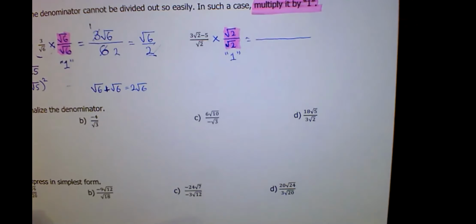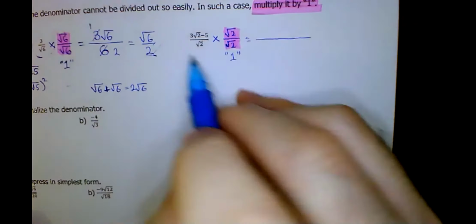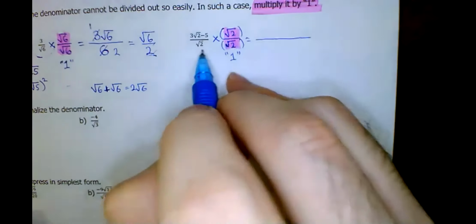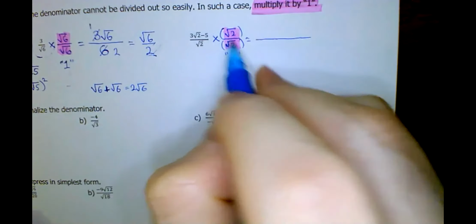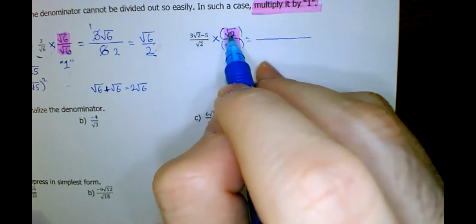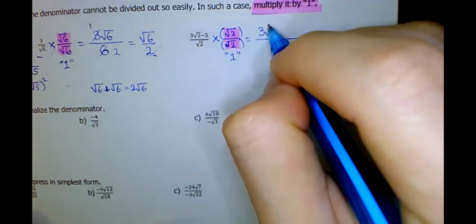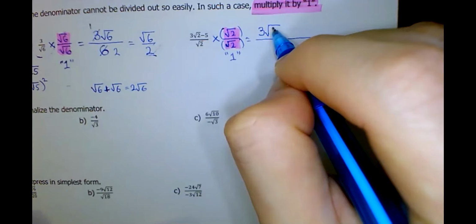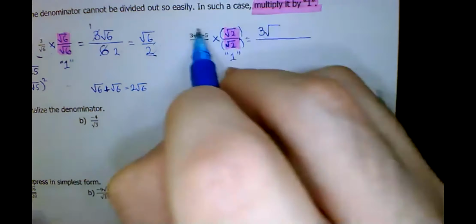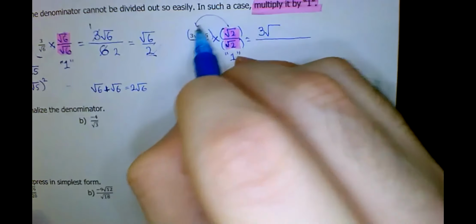Hazel, could you multiply across for me? Does that become 3 square root? Or wait, do I have to do the distributive property? Yes, exactly. This applies to both.